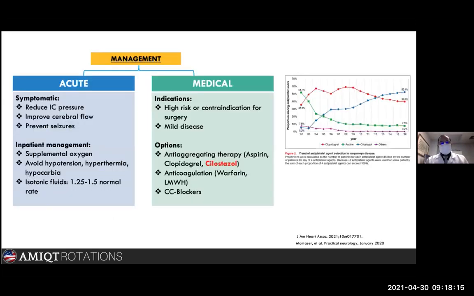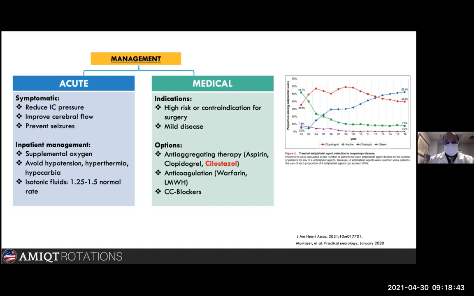Regarding the management, the acute management is similar to the way you will approach any patient with stroke. However, especially in children, you should avoid any conditions that will cause reduced perfusion or vasospasm, as they may trigger additional stroke episodes.